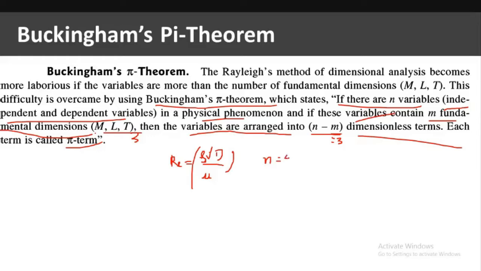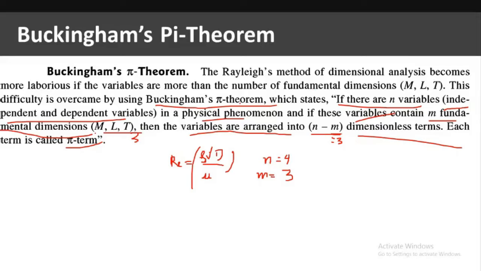Consider any equation in which there are n number of physical quantities. Out of these physical quantities, m number are primary quantities. How many primary quantities are there always? 3. So what does our theorem say?